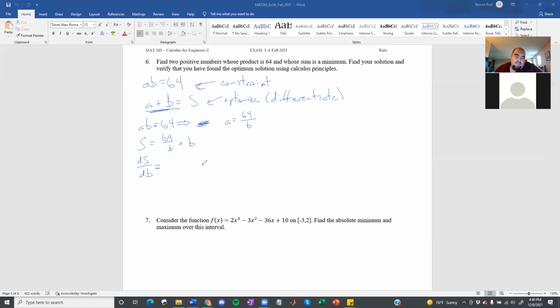Ooh, would this be 64 natural log of B? No, that's the antiderivative. Okay. So it'd be, I'm trying to think of the 64 over B, and then it'd be plus 1. Mm-hmm.